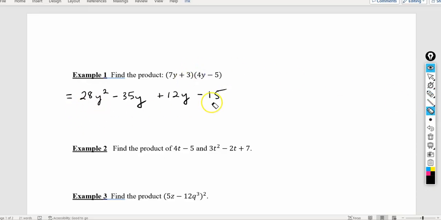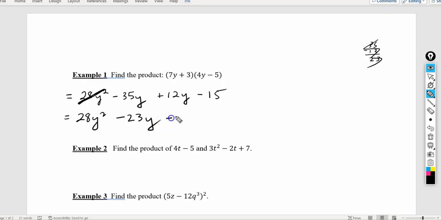Now I need to put my like terms together. I only have one y squared term, but I do have two y terms, -35y plus 12y. So -35 plus 12 would be -23y.